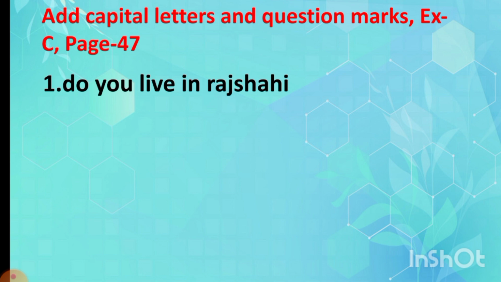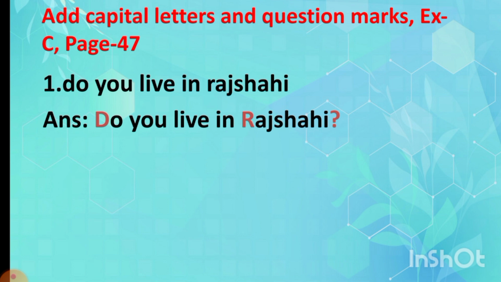Do you live in Rajshahi? So can you think what will be the capital letter and where you have to use the question mark? Let's see. Yes, D will be a capital letter, Rajshahi, R will be a capital letter, and at the end you have to put a question mark.